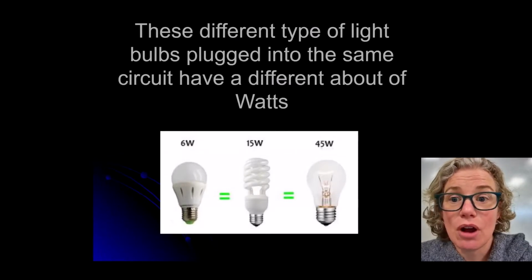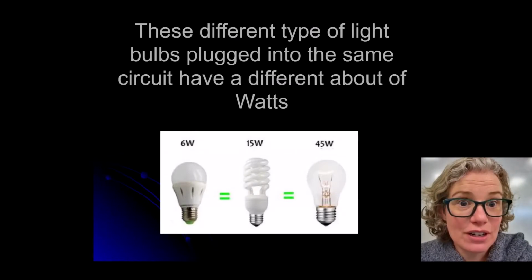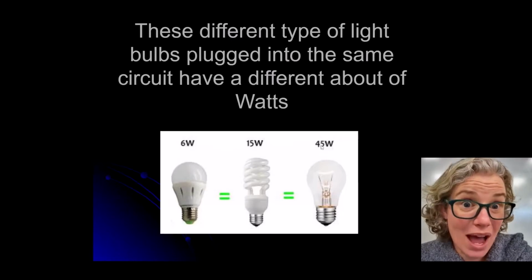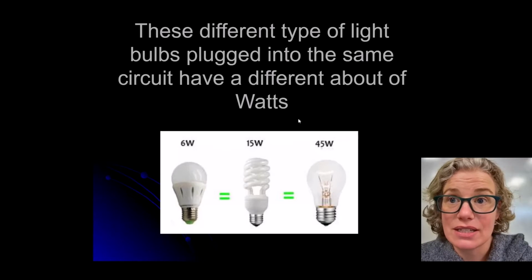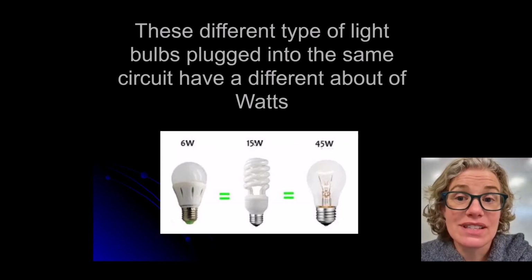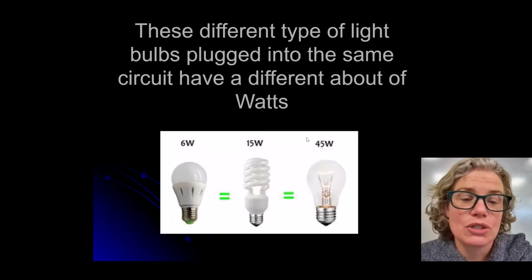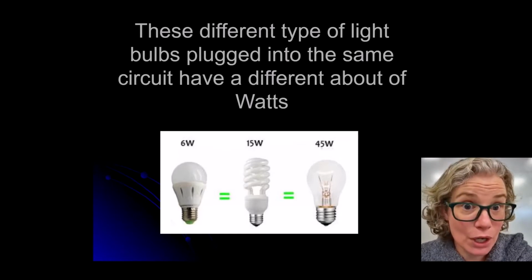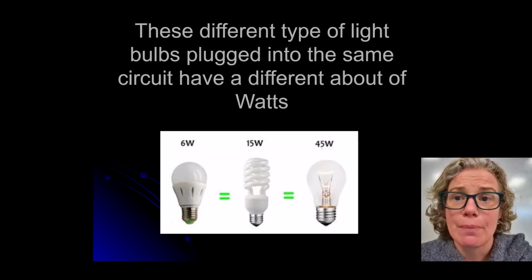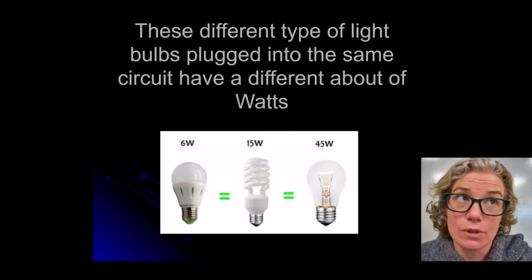Here are different light bulbs, and you can see that they're telling you how many watts each one utilizes. Even though they're all plugged into the same circuit, each has a different wattage, which means a different power. So what's different? Well, power equals current times voltage.